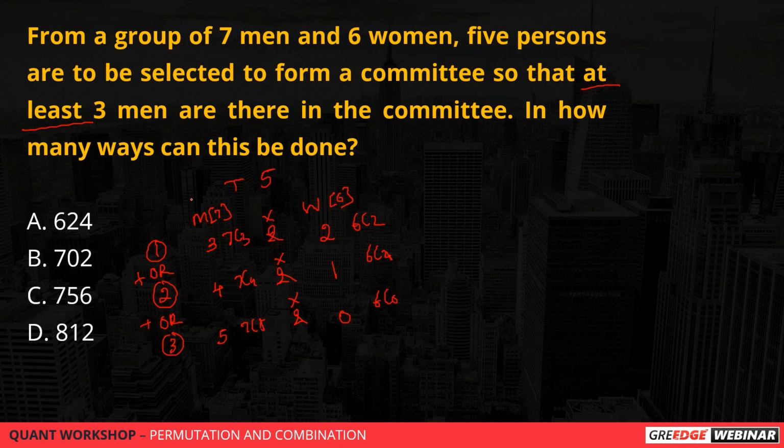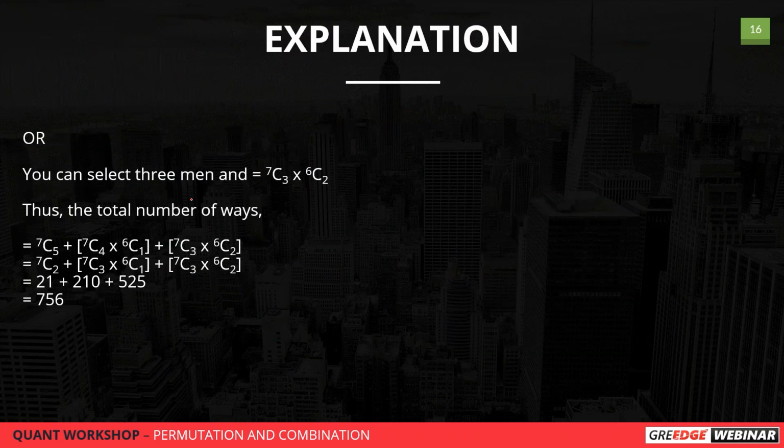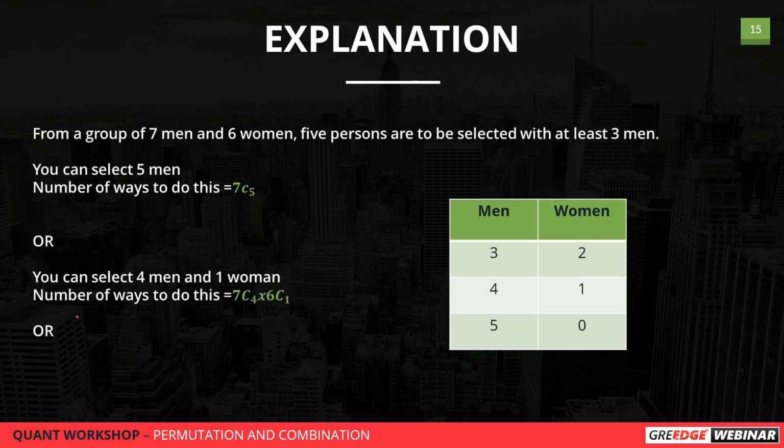Cases we need to add, and within a case we need to multiply because of the condition 'and'. Clear, everyone? So the answer is 756. You need to be very careful with your calculation, and make sure you use the calculator for these things. It will be easy and more accurate.